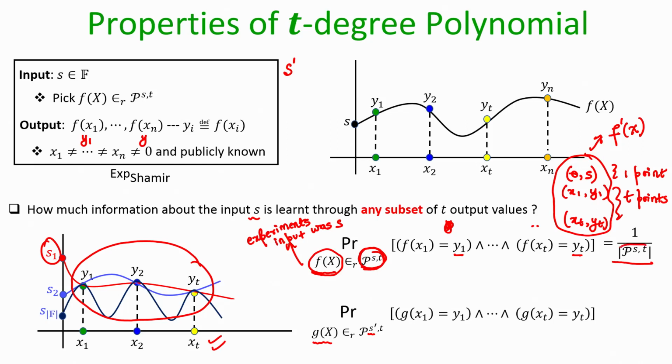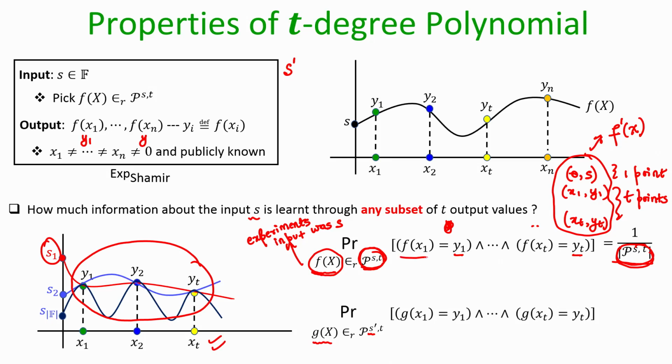So, that is the cardinality of the sample space, but out of these many t degree polynomials whose constant term could be s, there could be only one t degree polynomial which satisfies the condition that f of x1 is y1, f of x2 is y2, f of xt is yt.